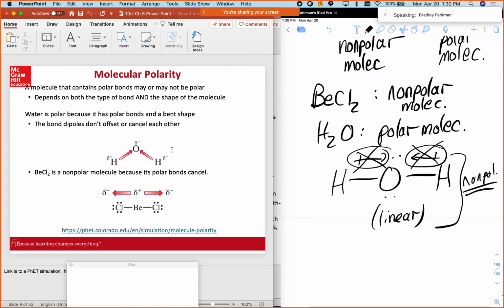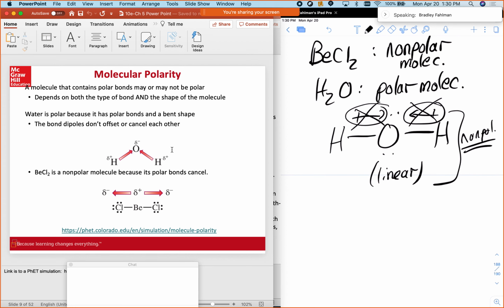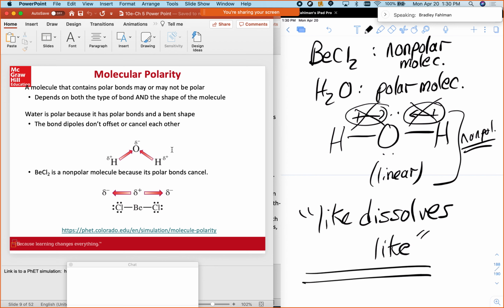There's a rule called "like dissolves like," one of the simplest rules in chemistry. What that means is if you have a solvent of a certain polarity, like water, it's only going to dissolve something with a similar polarity.